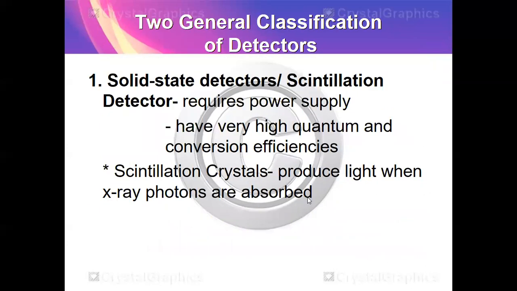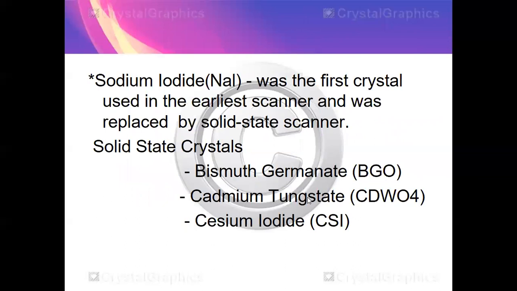Ito yung two general classification of detectors. So we have the solid state or yung ating scintillation detectors which require a power supply, have very high quantum and conversion efficiencies, and from the word itself, scintillation, they produce light when they are stimulated by X-rays. So the first crystal used in the earliest CT scanner was sodium iodide.